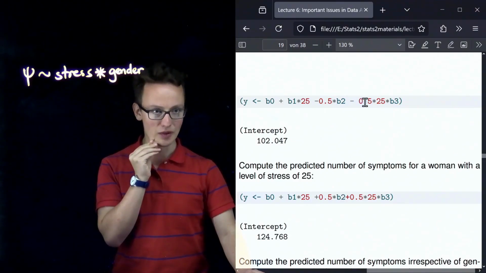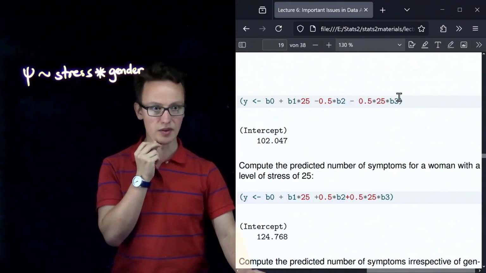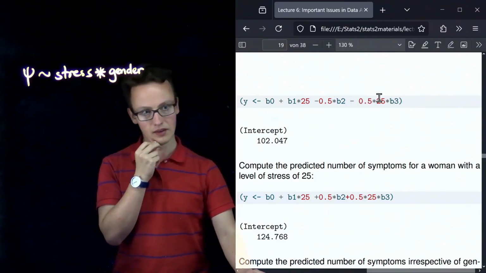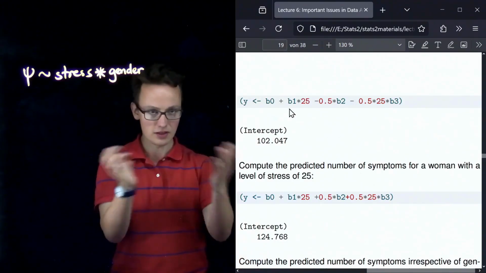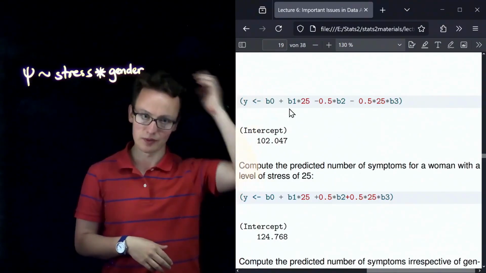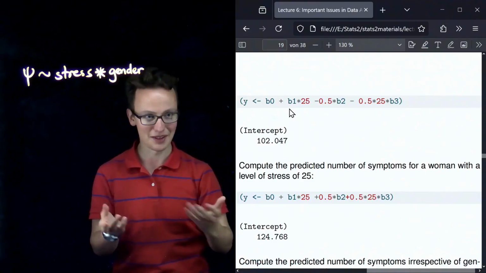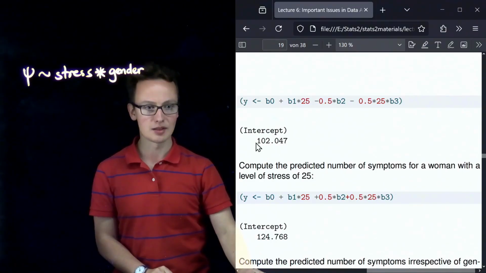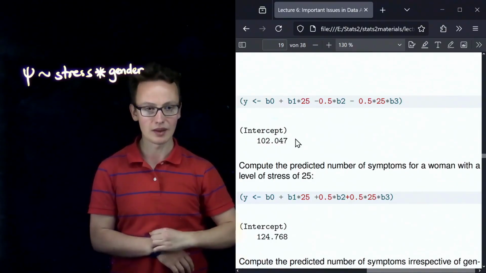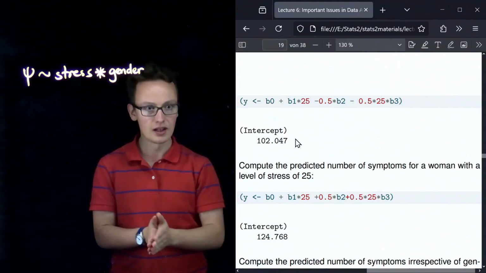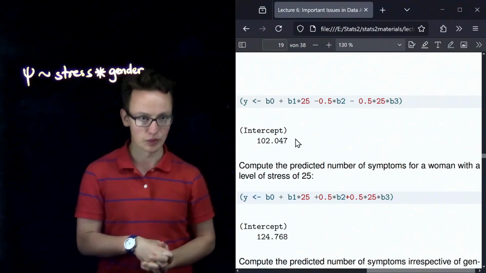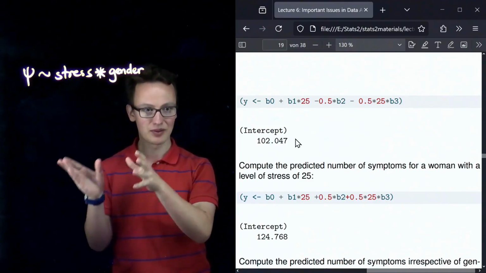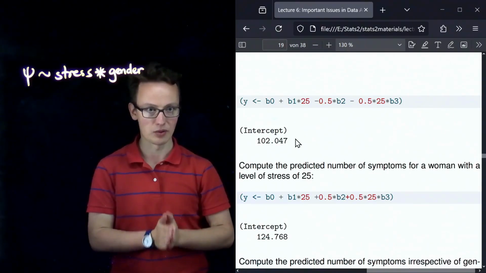And then minus 0.5 times 25 times B3, right? This whole thing together, basically just executing our math formula we saw above, but in R and using the values that we have, we get this prediction of 102, meaning that our best prediction, given this linear model, for a man who has a stress level of 25 is that he will most likely have a psychological symptom score of 102, right?